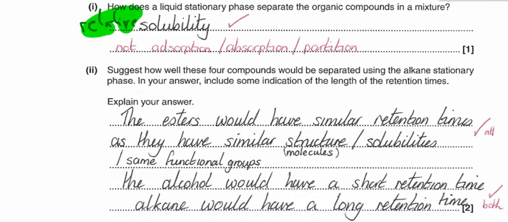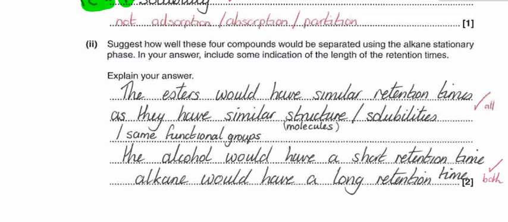So suggest how well these four compounds would be separated. In your answer, include indication of length of retention time. So I think that's what it wants you to say, something about the length of retention time. So I've got here that the esters would have, I've lost my cursor completely here, so I apologize. Oh, here we go. The esters would have similar retention times, similar molecules, similar retention times. So as they have a similar structure, similar solubility.